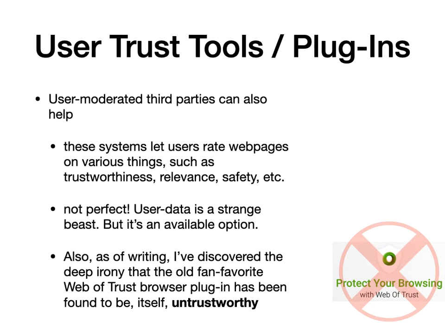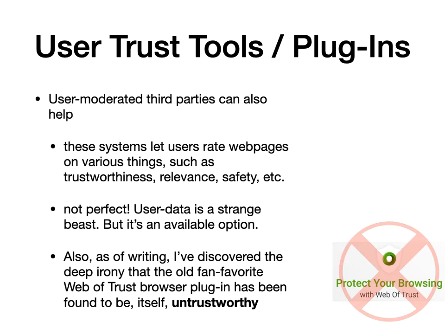Is this page trying to run a spam script under the hood? You don't have to be in charge of knowing that yourself. You can rely on a sort of wisdom of the masses, right? This is not perfect either. User data is always a strange beast, but it's an option. It's a way that we could say, oh, any page that's rating under 1.0 or like 2.0 on all of these things, we're going to go ahead and label them bad so we can start our link analysis.